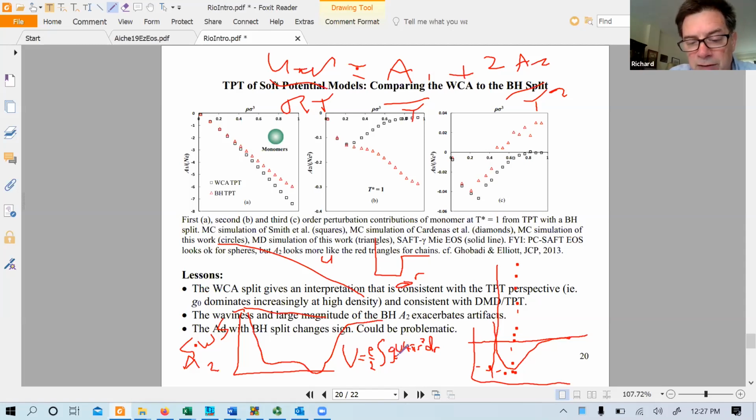If I make that a g naught, then this is that U1 term, which is exactly the A1 term. So you can see how the A1 term is really just a weighted average using the radial distribution function of the hard reference fluid as the basis, and then integrating over all distances. So the little u connects us to the big U.